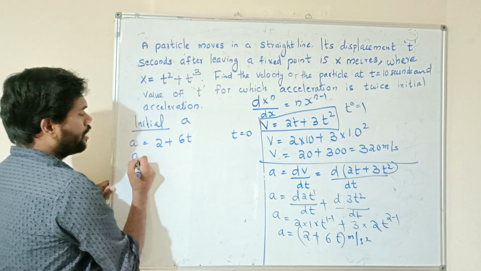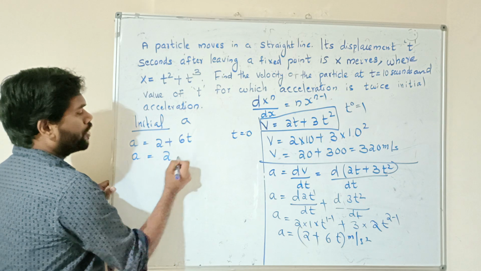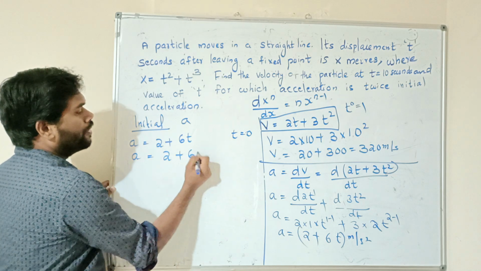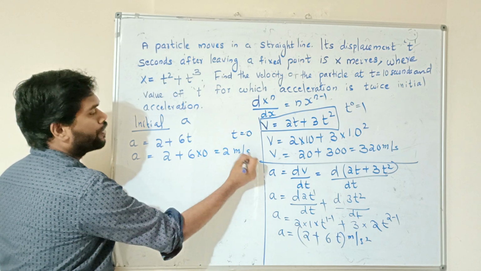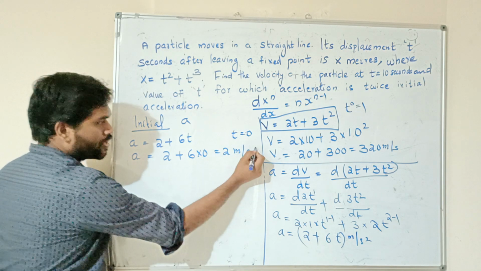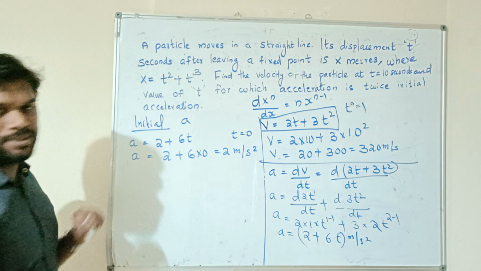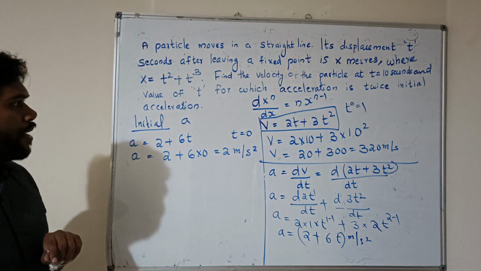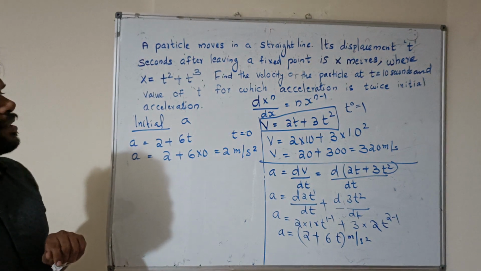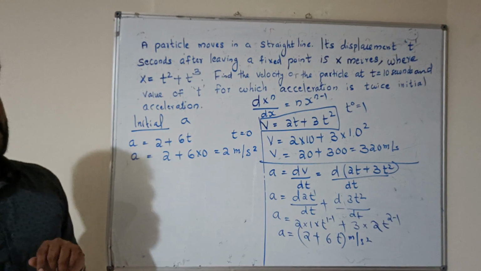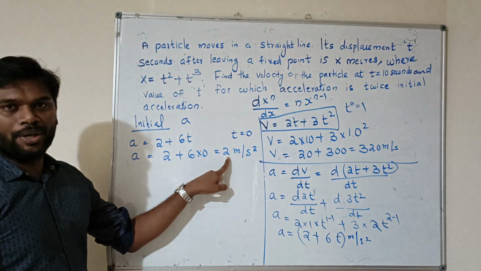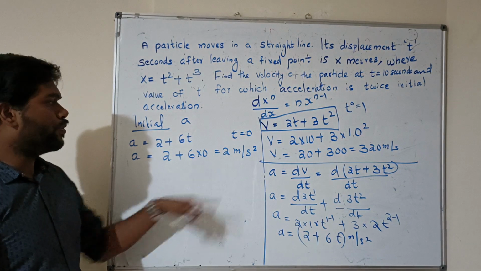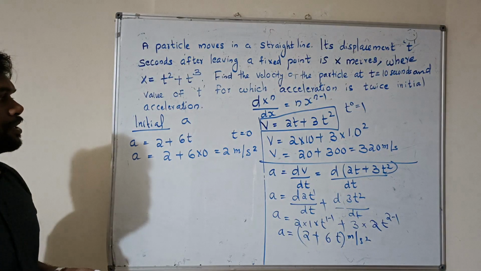So when you substitute the value of t as 0 here, this will become 2 plus 6 into 0, which is equal to 2 meter per second square. So the initial acceleration of the particle is 2 meter per second square. We need to find the time for which the acceleration is twice the initial acceleration. So twice means acceleration will be 4 meter per second square.